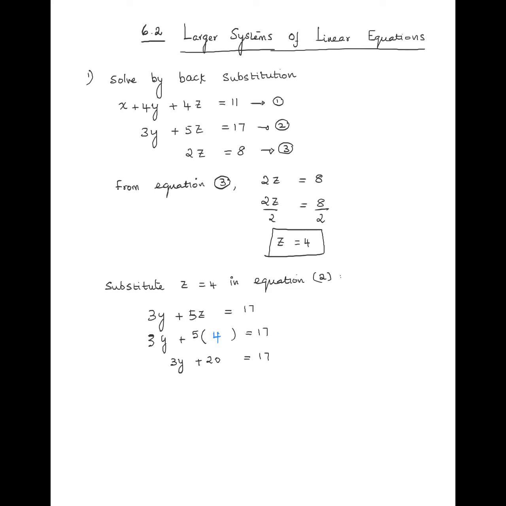Now we're going to subtract 20 both sides. So we get 3y equals -3. So when we divide by 3, we get y equals -1.